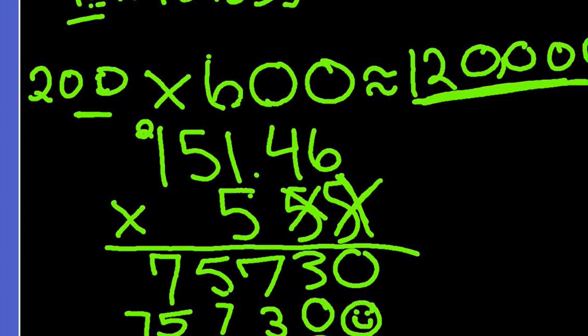Okay, so 6 times 5 is 30. Put the 0 down here. Add the 3 up here. Next we're going to do 5 times 4, which is 20, plus 3, 23.